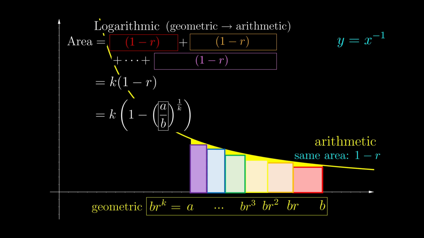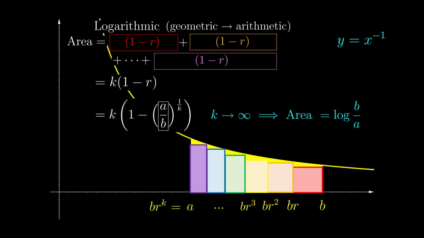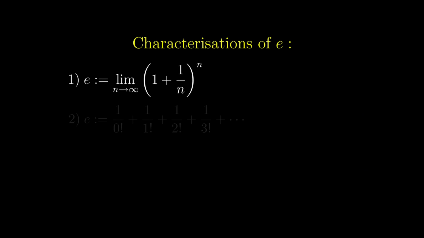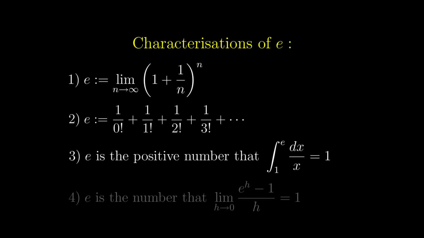And in fact, the actual area is obtained when k tends to infinity, and is in fact log of b over a. But of course, we need to know the base of the logarithm. Don't worry, because it's just the value of b over a when the area is equal to 1. And we can actually use this as a definition of e. And among the different characterizations of e, this area 1 is actually pretty visual.